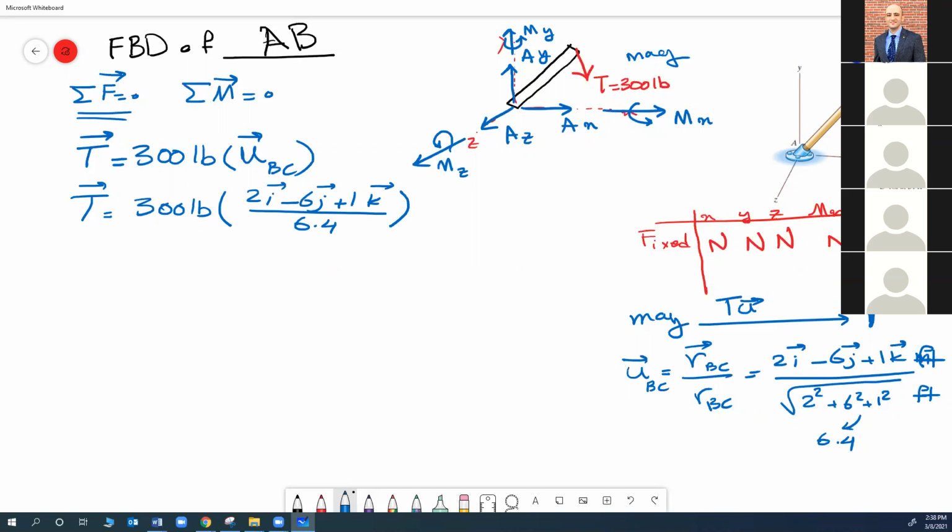That doesn't have any units. All right. I have done the math on it if you want to have the final answer. 93.7 I, 28.1 J, 46.8 K. The units are pounds.